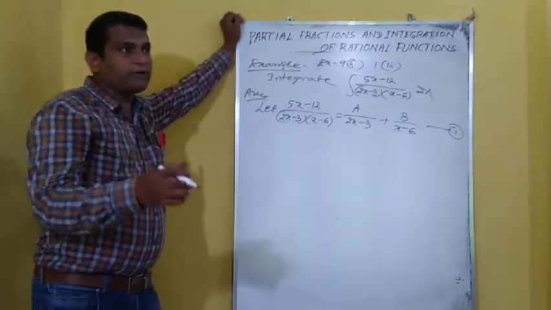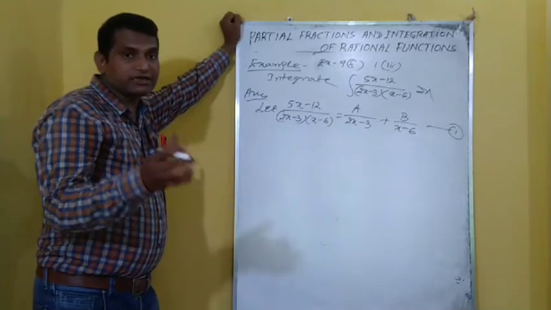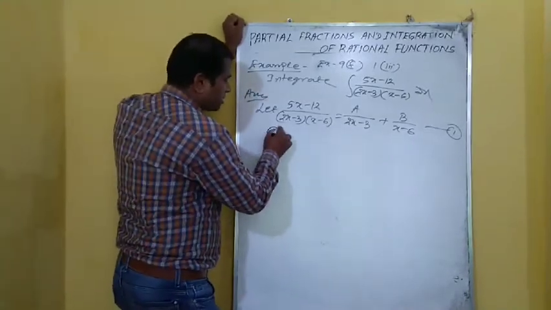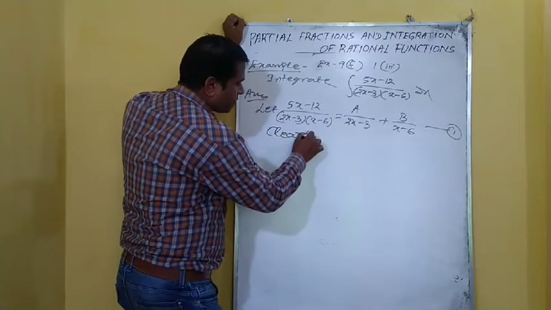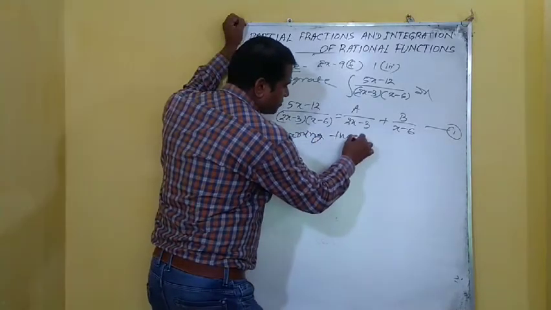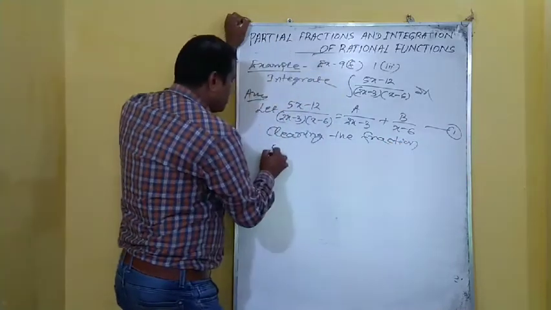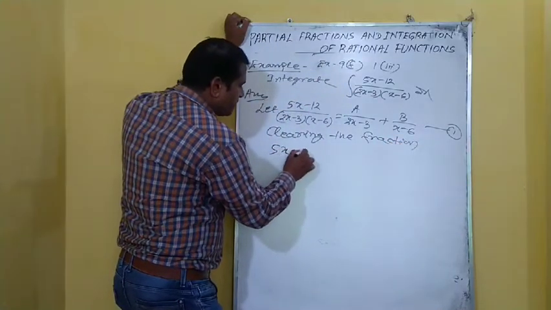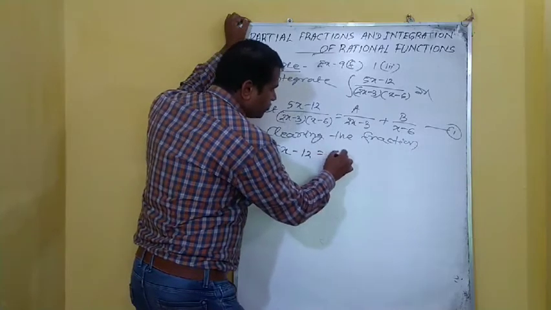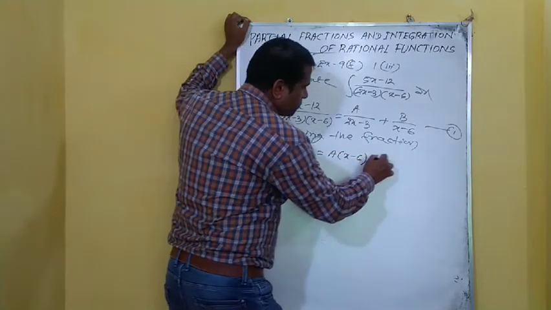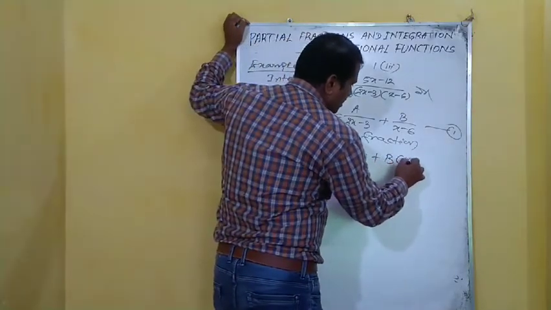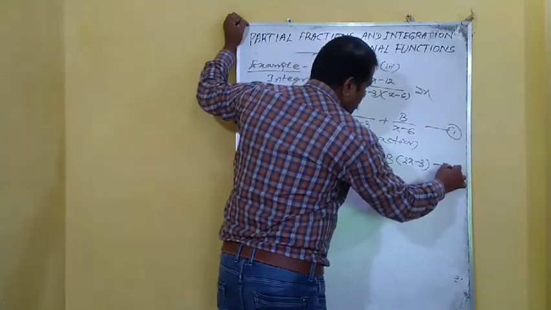Now we multiply q of x on both sides, which is called clearing the fraction. Then we get 5x minus 12 equal to A whole into (x minus 6) plus B whole into (2x minus 3), equation 2.